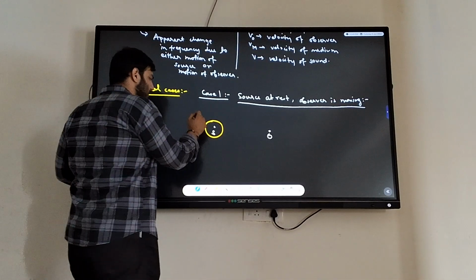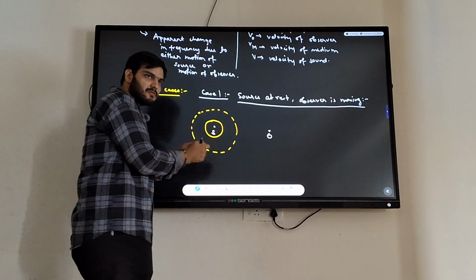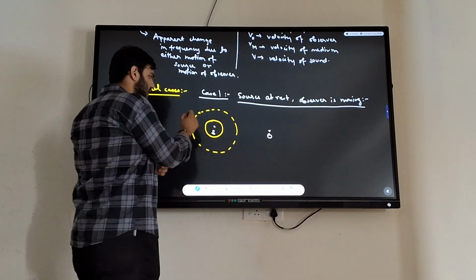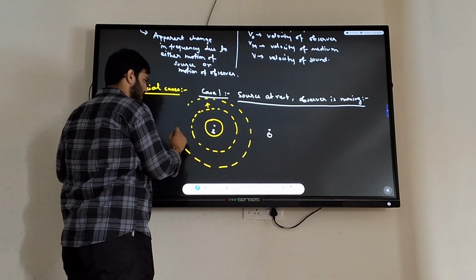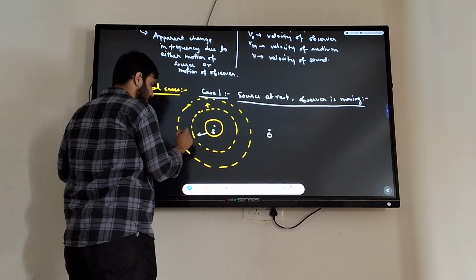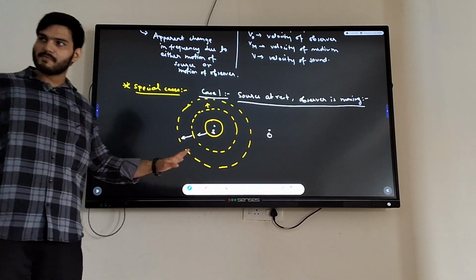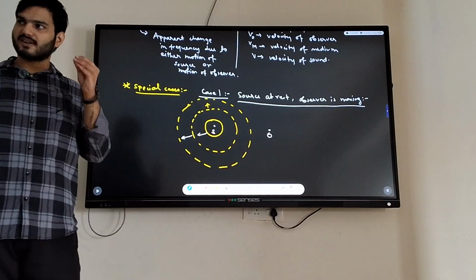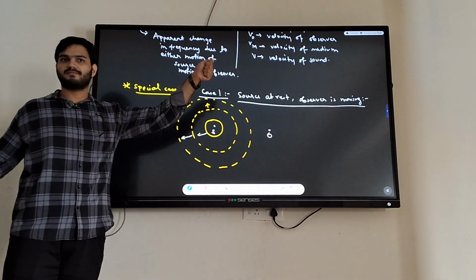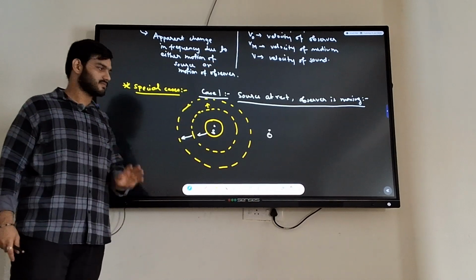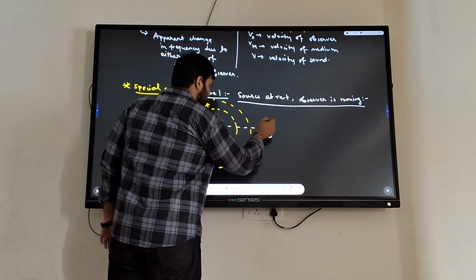After some time, it gives off one more sound wave. Can you imagine what is happening? It gives off one sound wave every 1 second, and the earlier sound wave's circle keeps on increasing. Yes or no? Good.